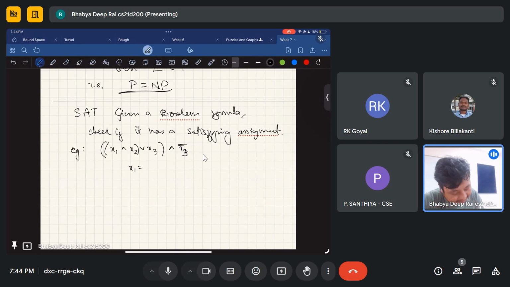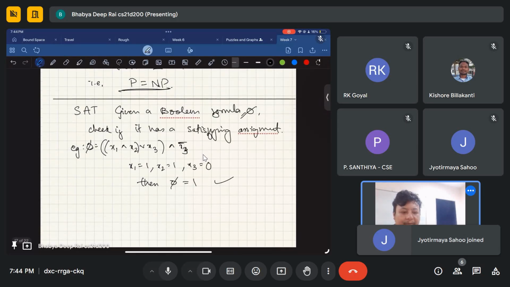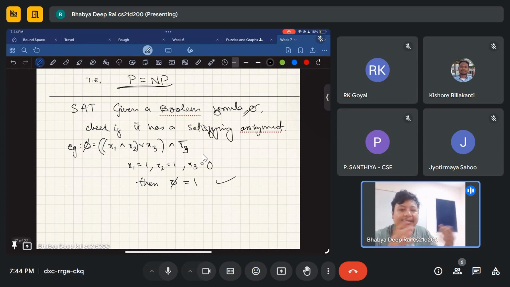If I set x1 equals 1, x2 equals 1, and x3 equals 0, then phi equals 1. That is, it is satisfied. Given a Boolean formula, checking whether it is satisfiable or not is an example of NP completeness.